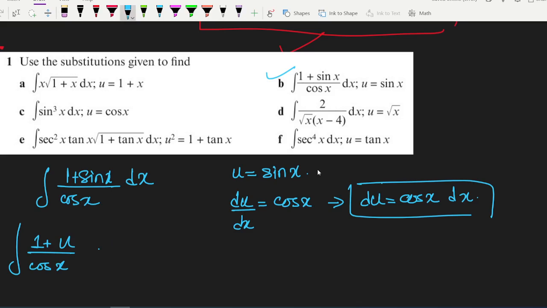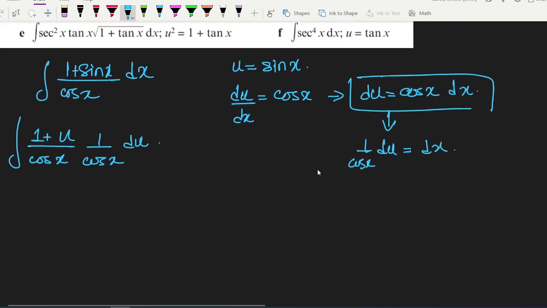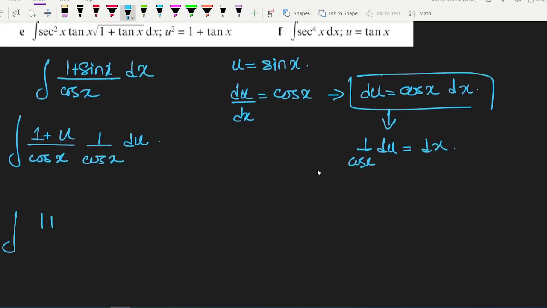Okay, we need to simplify this further. 1 over cos x du equals dx, right? So dx can be replaced by 1 over cos x du. So now you have this integral 1 plus u divided by cos square x du. Now you have to apply certain identities.